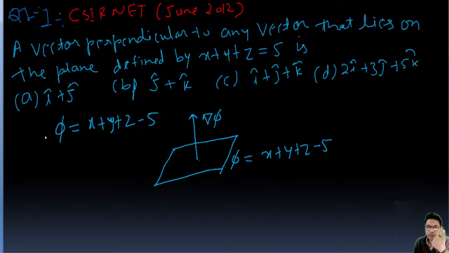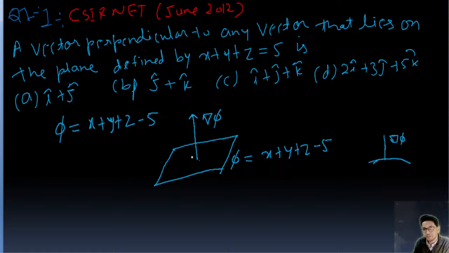So a vector perpendicular to any vector that lies on the plane x plus y plus z equal to 5 is what we need to find. I'm going to explain it again. Gradient of phi means the vector which is perpendicular to any level surface.